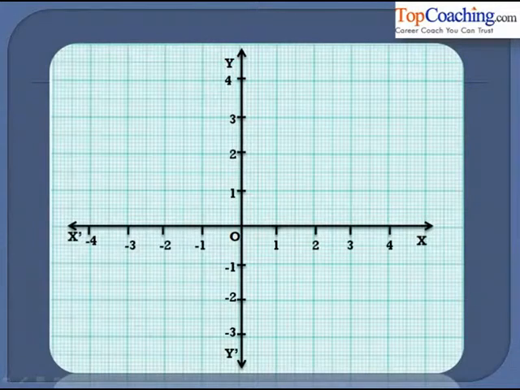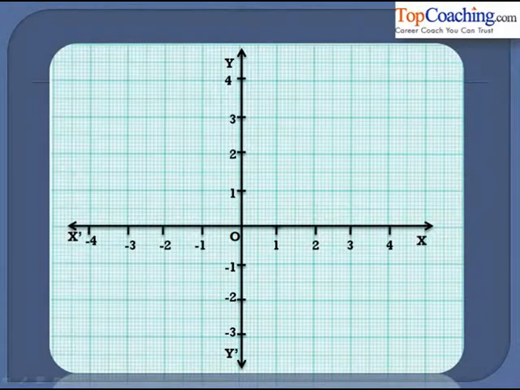Now let's study more about the Cartesian plane. This is the horizontal axis, which is known as the x-axis, and this is known as the y-axis. The points on the x-axis towards the right side of the origin are all positive, and the points towards the left side of the origin on the x-axis are all negative.